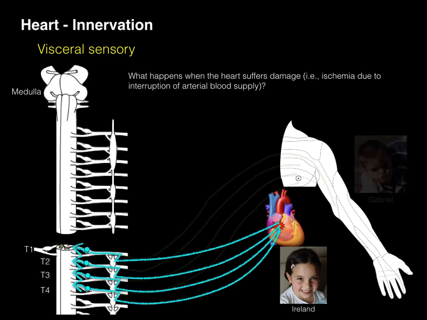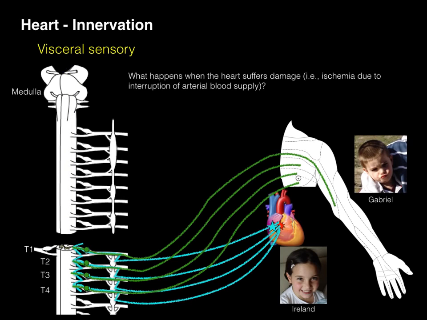So what happens then is, when we put these two pictures beside each other, when that visceral sensory information from the heart travels to the spinal cord, and then we also have, at that same time, somatic sensory information coming to the same part of the spinal cord, and there they synapse, and those synapses are so close to each other that when those messages go up to the brain, it doesn't really know or can't distinguish if that message is coming from the heart, Ireland, that you never hear from, or from the T1 to T4 dermatomes, Gabriel, which you always hear from.